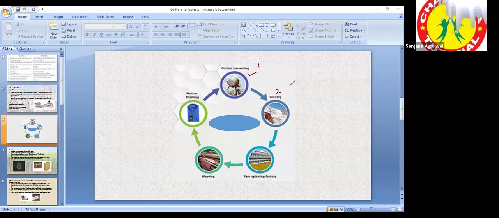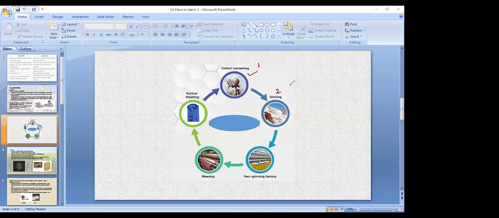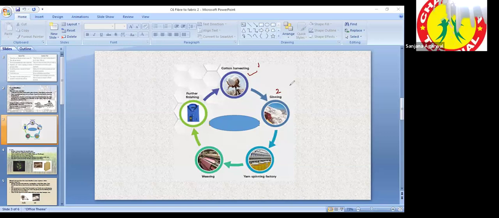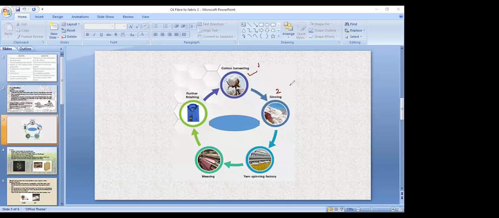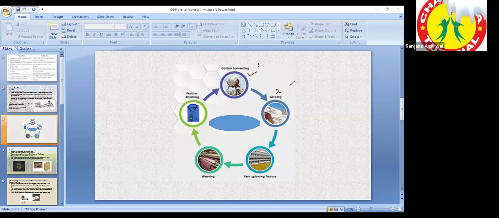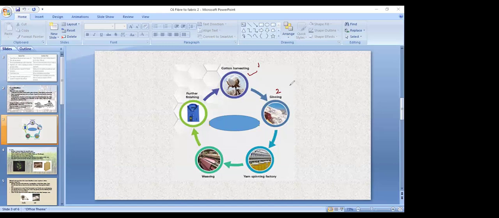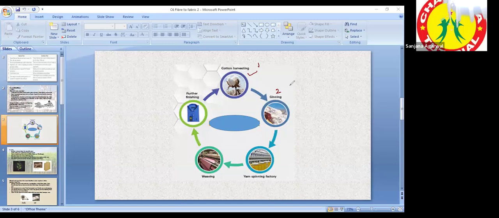Ma'am, cotton contains 25% of fiber. Okay, it's cotton seed, right? Not ball. See, if anything is present in an apple seed, those nutrients must be transferring to the complete fruit also, once the fruit has completely matured. So the same thing is with cotton also.